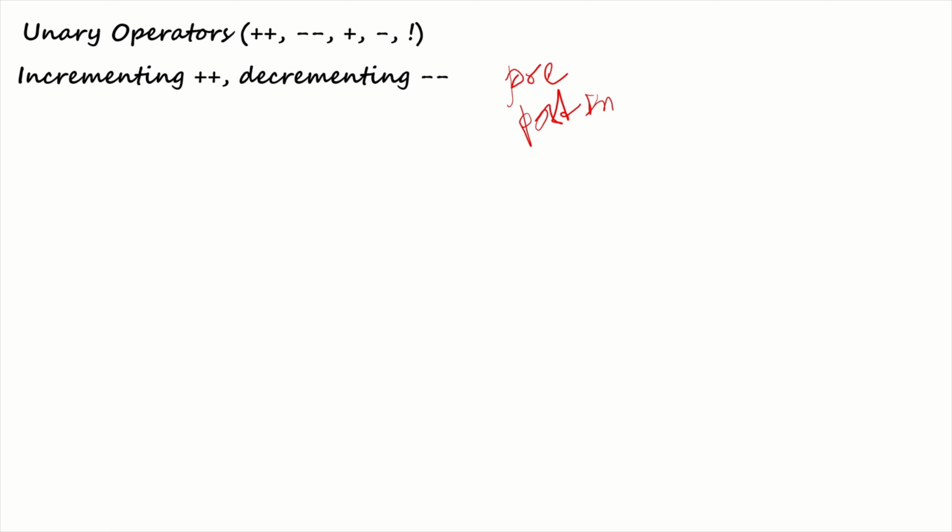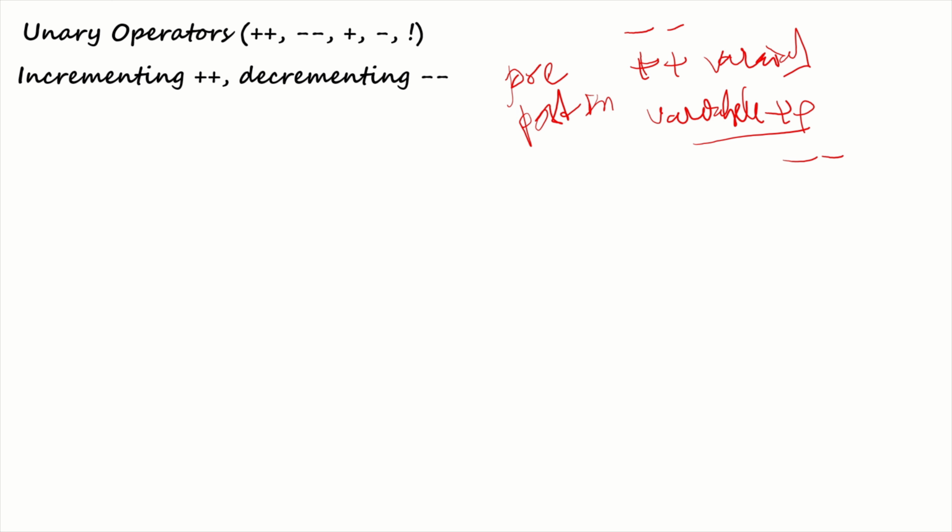If I apply plus plus before the variable, we call it pre-increment. If I apply the variable name followed by plus plus, this is called post-increment. Similarly, minus minus before the variable name is pre-decrement, and the variable name followed by minus minus is post-decrement.